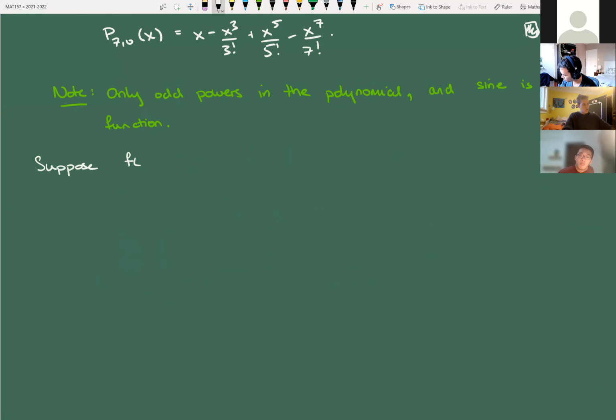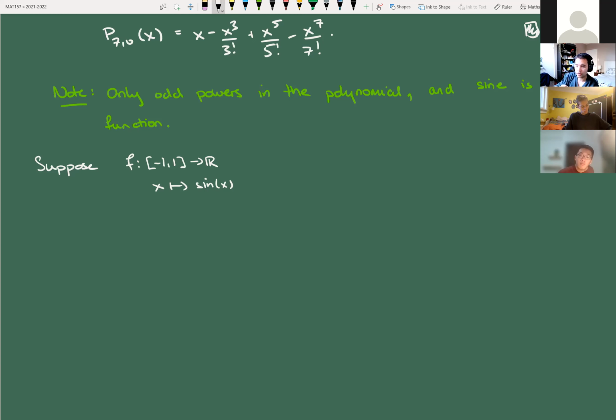And let's say we limited our attention to, I don't know, between -1 and 1. So let's say I knew that the only numbers I could plug into sine x were numbers between -1 and 1 for whatever crazy reason, right? And you'll see that if you want to change that interval, it doesn't make a significant difference. You just have to make a slight change in what I'm about to do.